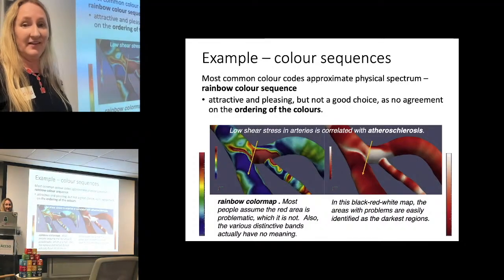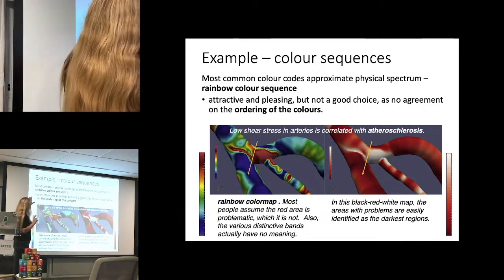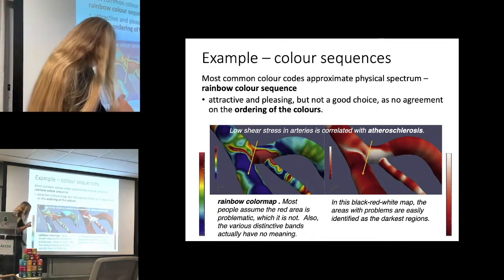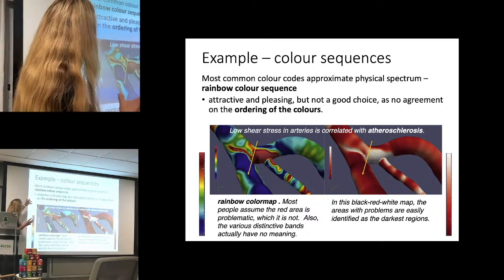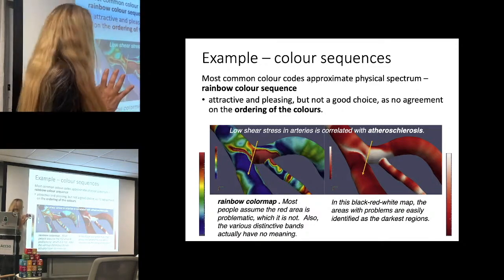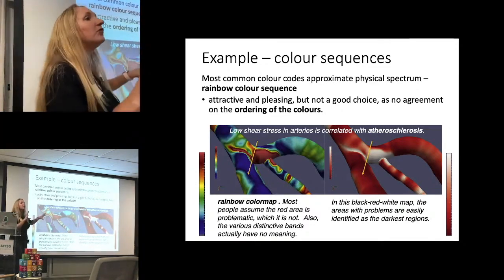Okay. So, another example, I'm only giving you two here, are color sequences. People like this color sequence where you're plotting blockage in an artery here, shear stress, from blue to red. This rainbow color sequence is the most popular one.